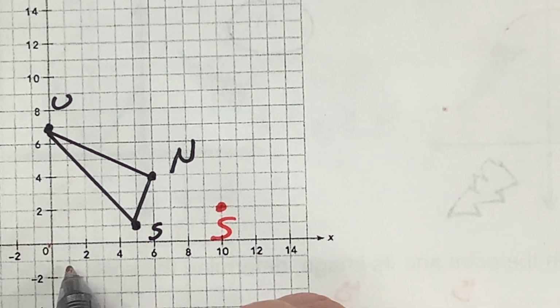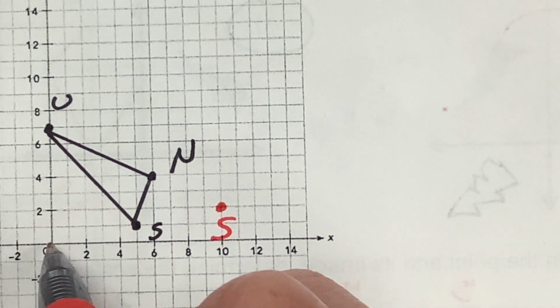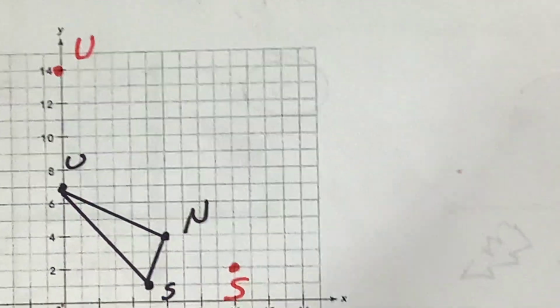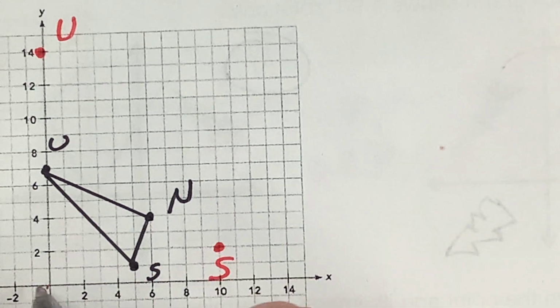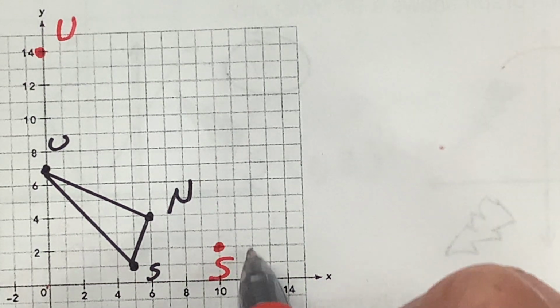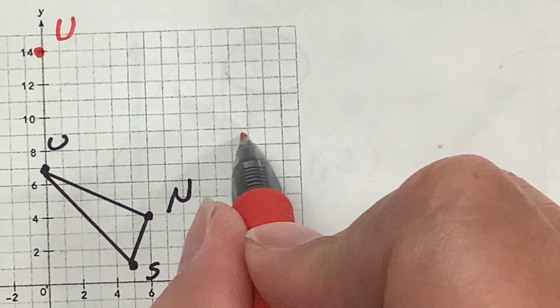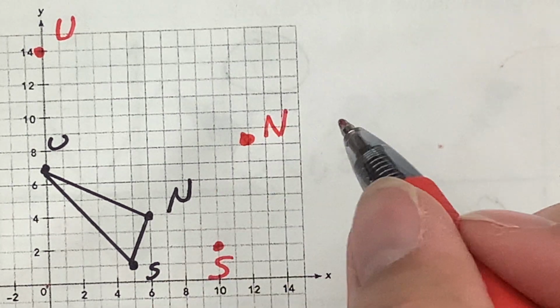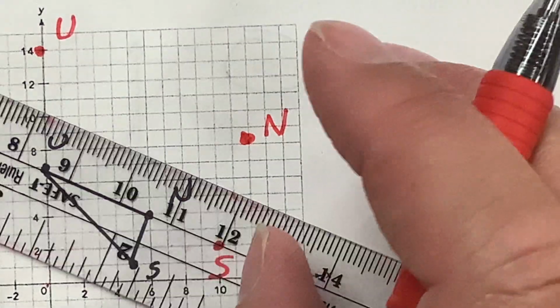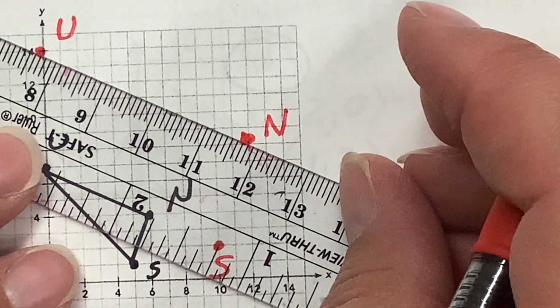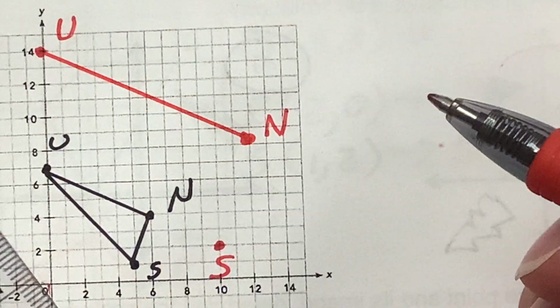The U is at 0, 14. Wow, that's really up high, isn't it? And the N is at 12 and 8. Here we go, 12 and 8. And look at how big that got. And that was just with a scale factor of 2. Imagine if we used a bigger scale factor, it'd be even bigger.